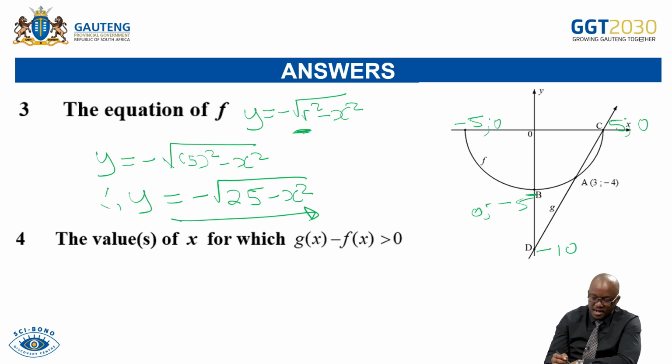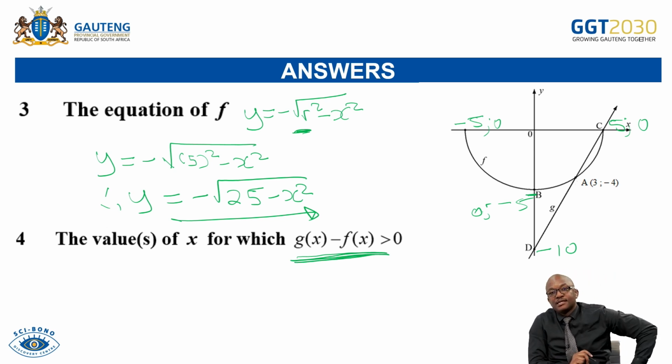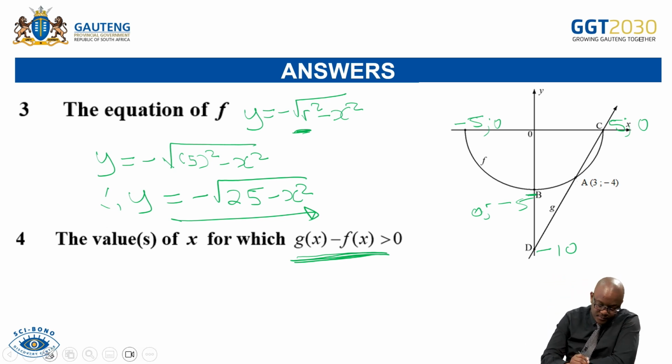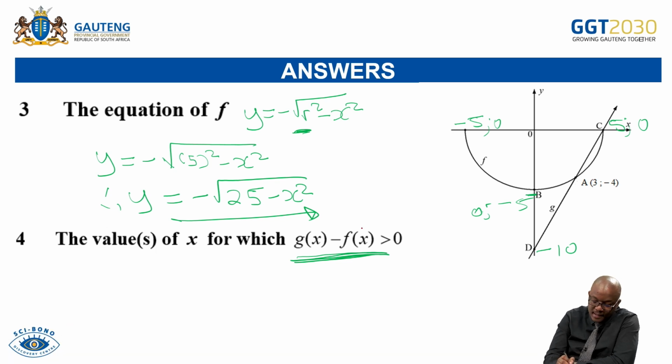Then now comes the question there. G of x minus f of x greater than 0. So, for us now to answer this type of a question, basically we can just take this one and transpose it. Then it will be g of x greater than f of x.